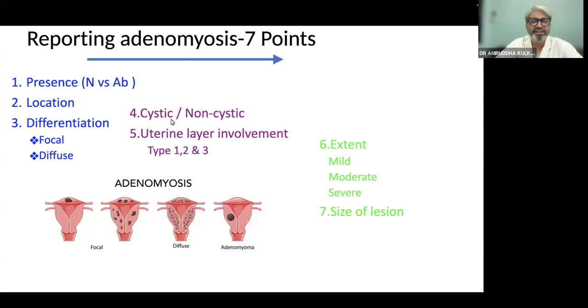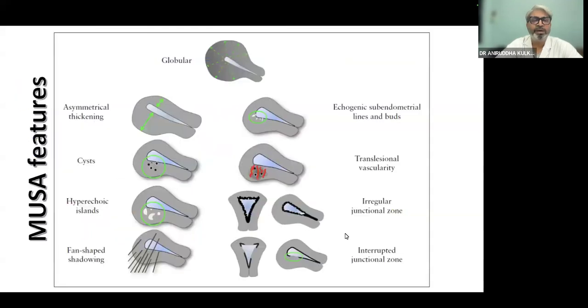It could be a cystic variant or non-cystic variant depending upon the dominant nature of the disease process, uterine layer involvement, 1, 2, 3, or a combination of these, extent of the disease as mild, moderate, or severe, and if there is a focal adenomyoma lesion or a focal adenomyosis lesion in one or the other asymmetrical thickened wall, we need to measure the size of the lesion. So let us see one by one.